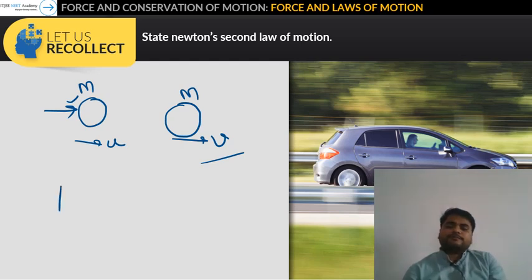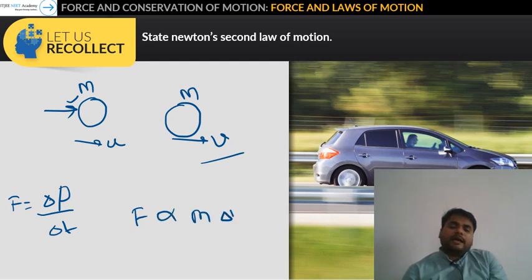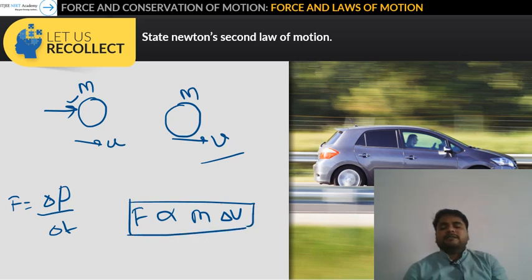Suppose change in momentum, it means we can say that F is proportional to m into dv. Force is proportional to the rate of change of momentum. That is also called the force.